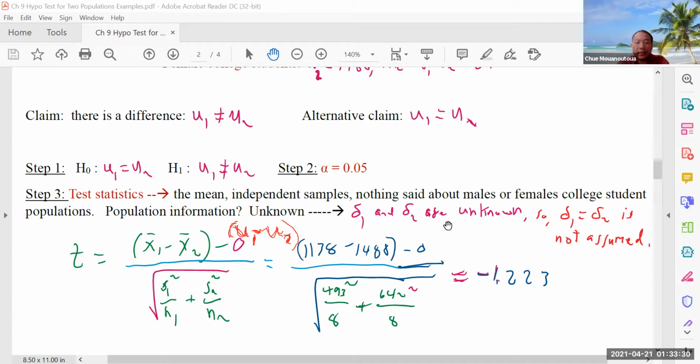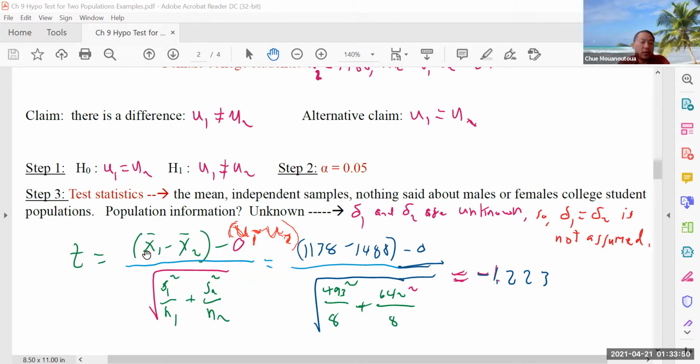And we don't know the standard deviations for the populations, and we don't pretend to know that they are the same. We don't assume the standard deviations of those 2 populations to be the same, and that's why we have this formula. This is the formula we're going to use.